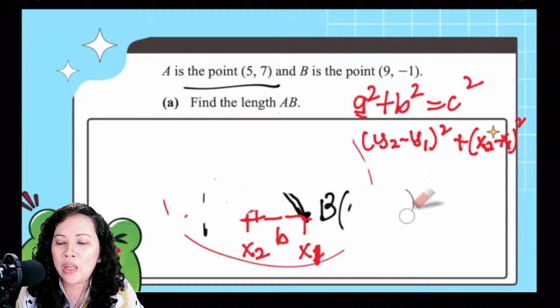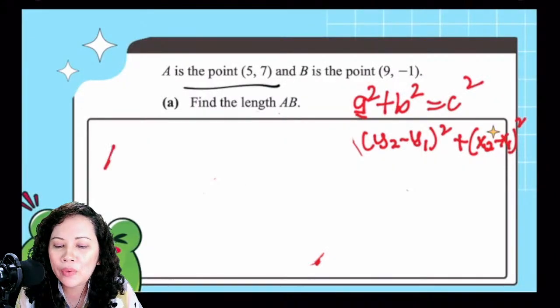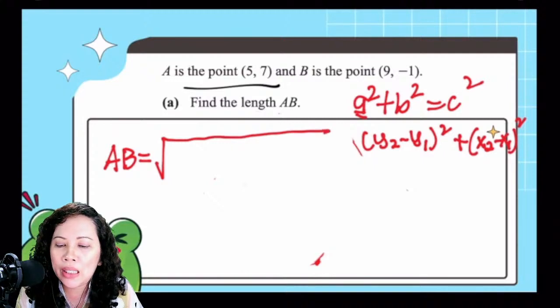So using that formula to find the distance of these 2 points, we use Pythagoras. So this will be AB equals the square root of, so let's say this is our x1, y1.